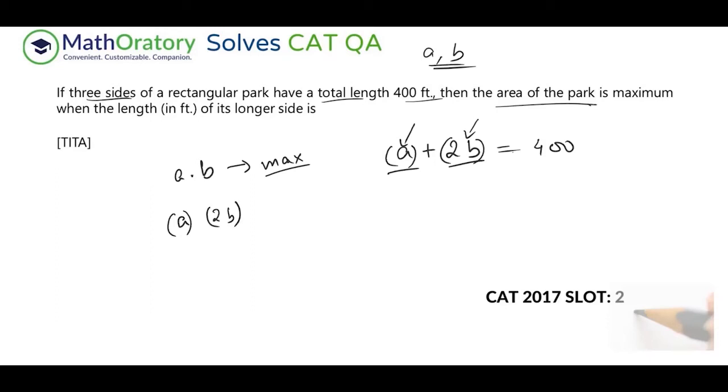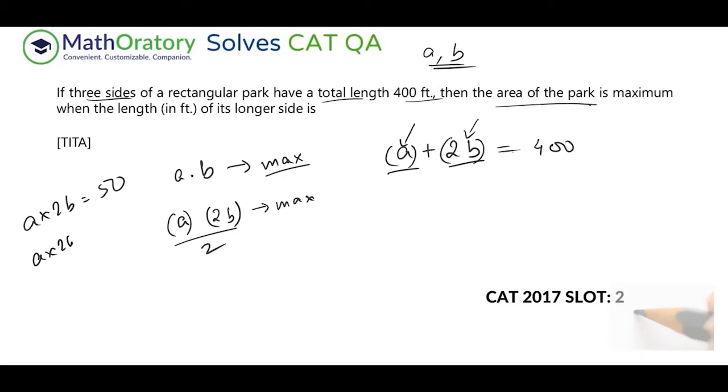No issues, right? So all I have to do is maximize this in order to maximize half of this, right? Because as soon as I maximize this part, even this divided by 2 is maximized. For example, suppose A into 2B is something like 50, just a random example.